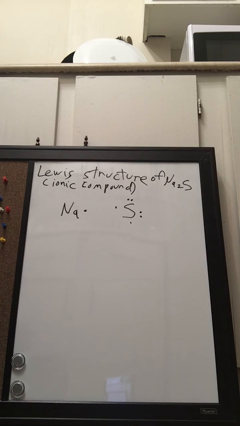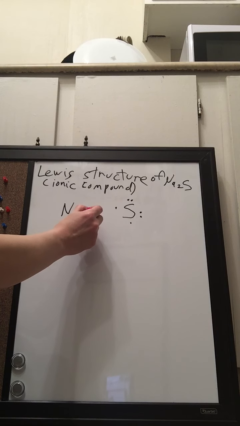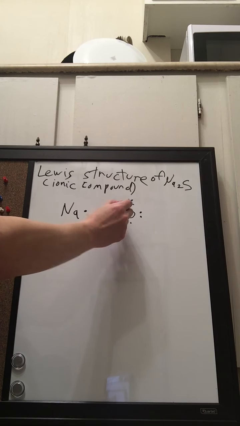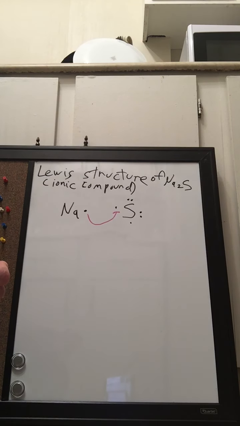So the way that it works is it gets 1 from the sodium. So this valence electron from the sodium comes here. So that makes 7 valence electrons. So it still needs 1 more.